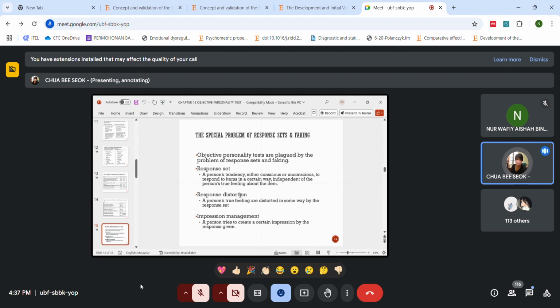Okay, so it's called a response set. Response distortions, this one we didn't discuss last week, but for personality tests, here you can see it more specifically. Response distortions means a person's true feeling is distorted in some way by the response set. Maybe they feel the item is too personal, so they refuse to give a response. Okay, so that is response distortions.